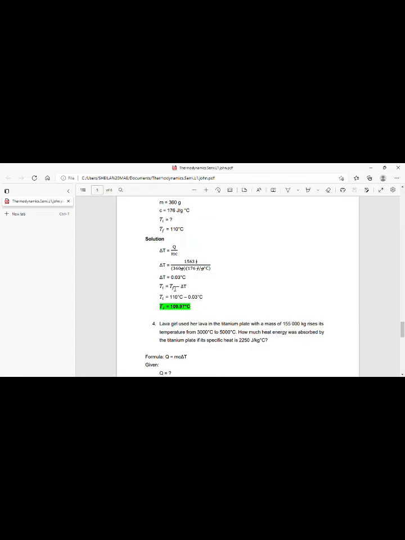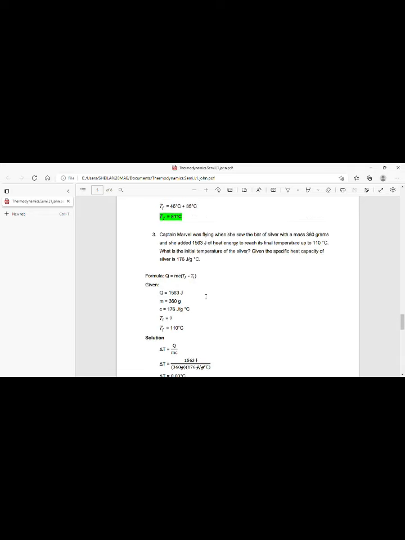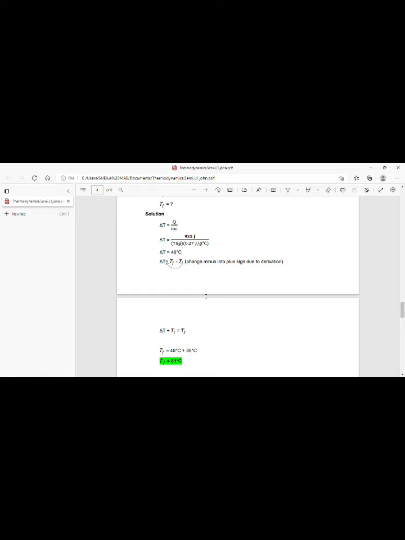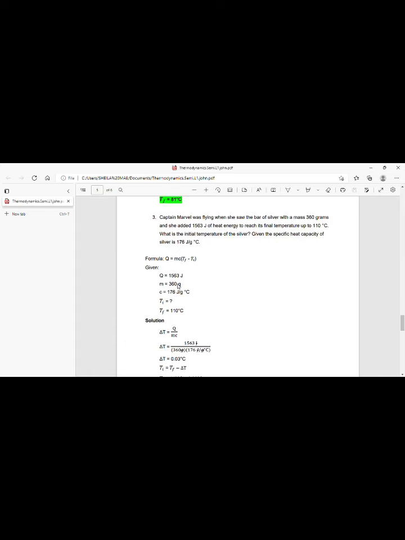Initial temperature is equal to final temperature minus the change in temperature, the delta T. Initial temperature is equal to 110 degrees Celsius minus 0.03 degrees Celsius. By the way, I forgot to tell you, the cancelling of units in problem number 2 is the same as problem number 3.